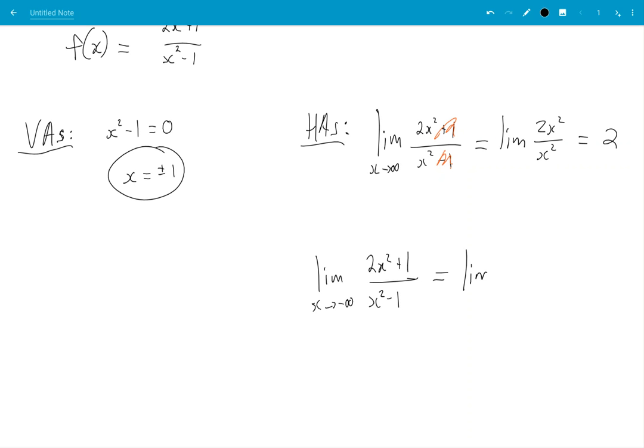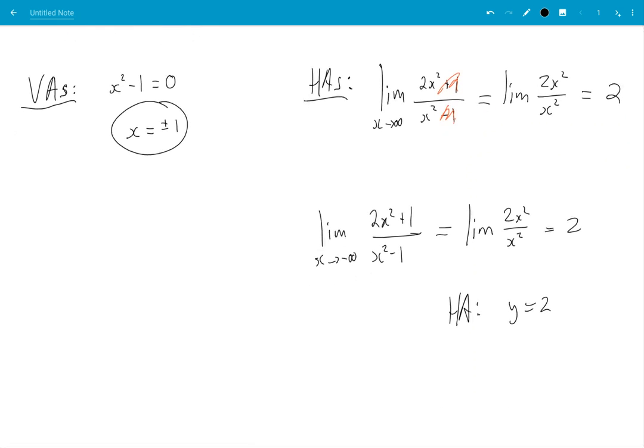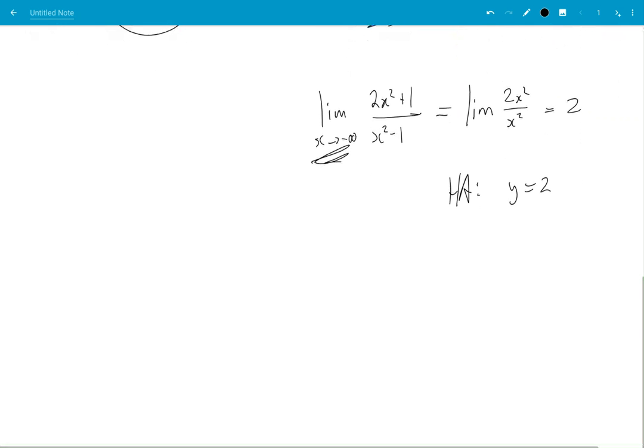And for minus infinity, the same logic applies. So the horizontal asymptote is y equals 2. And it happens twice. When I go way to the right, my function is approaching y equals 2, and also when I go way to the left, my function is approaching y equals 2.